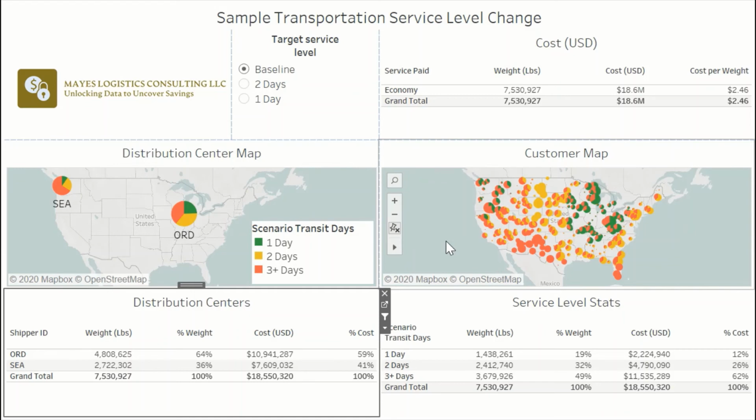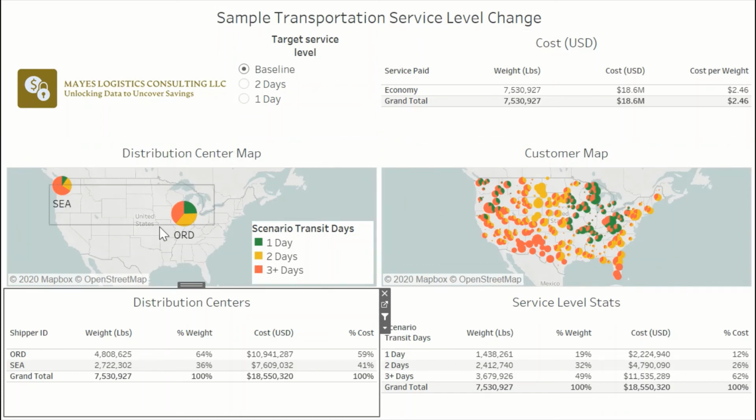The other is redesigning your network. So especially for a network of this size, there should probably be more than 2 facilities in the network.